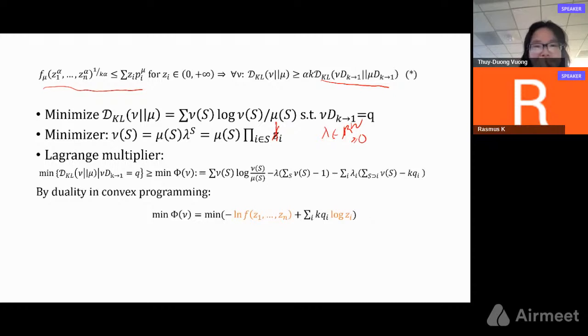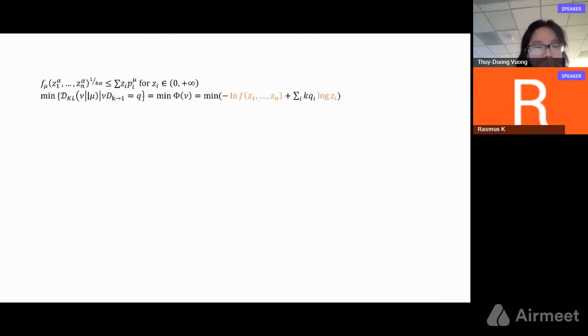After rearranging things, we will see that the function φ(ν) can be rewritten as the log of the quadratic polynomial of μ, so this f is f_μ, plus some other term.